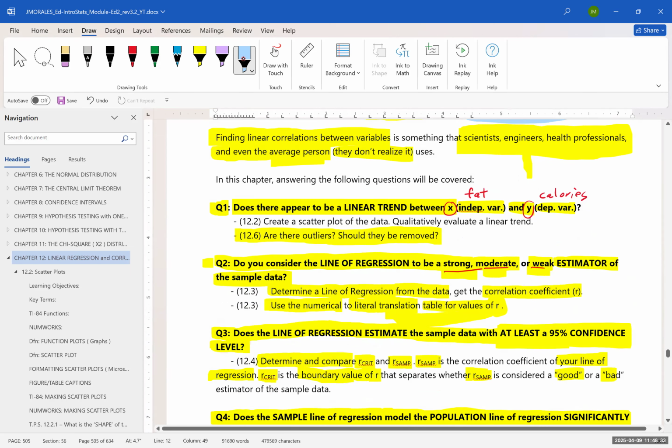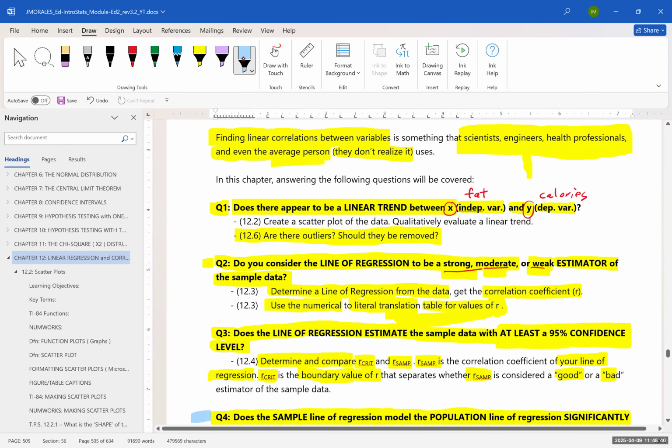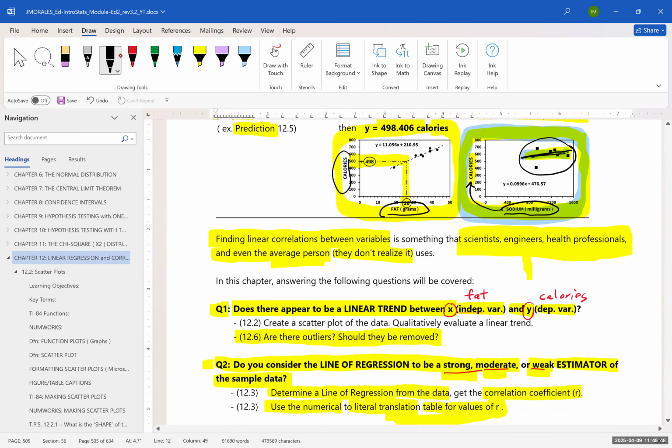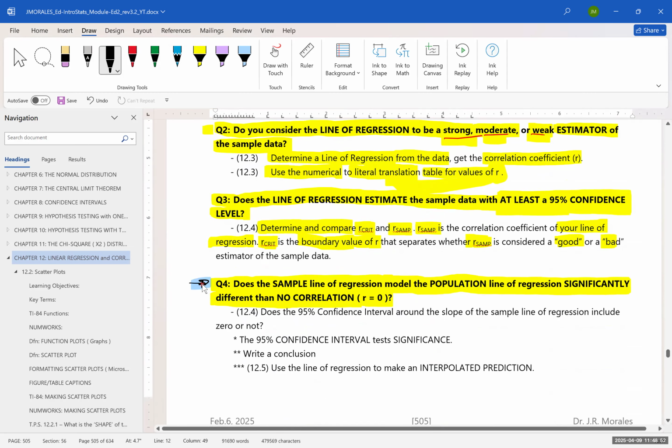And so that would certainly fail this last question. Sure, we can calculate a line of regression through the data. That's fine. But it fails this last question, this last test, and therefore it's meaningless to use it with our sample data. Okay, it's meaningless to use it.